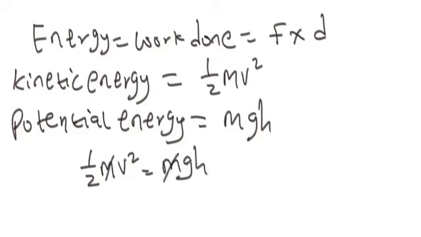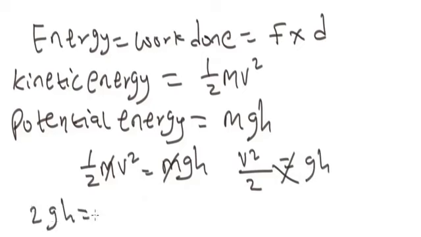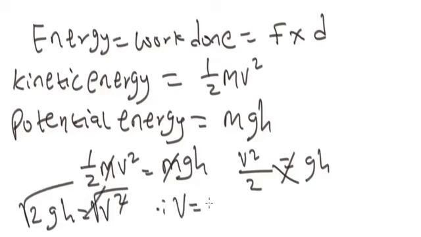Alright, so we'll be left with v square over 2 equals gh. Cross multiply, so we have 2gh equals v square. Make v the subject of the formula, so the square will cancel the square root. Therefore, velocity v will be square root of 2gh. And this is the relationship between kinetic energy and potential energy. So take note of this expression, it is very important in this concept of energy.